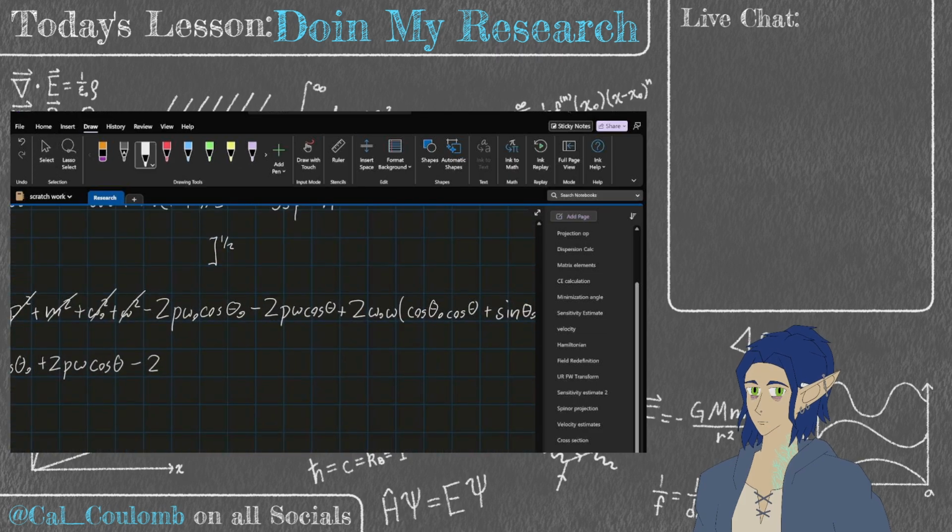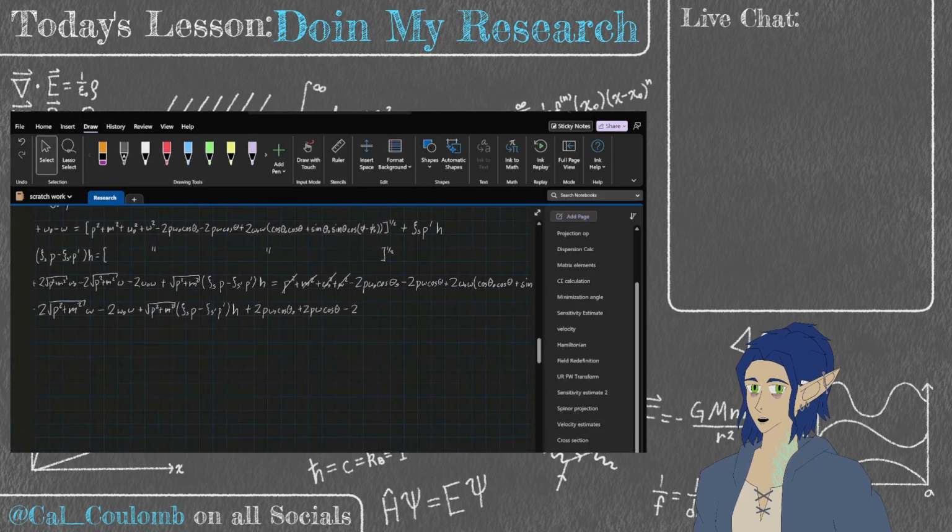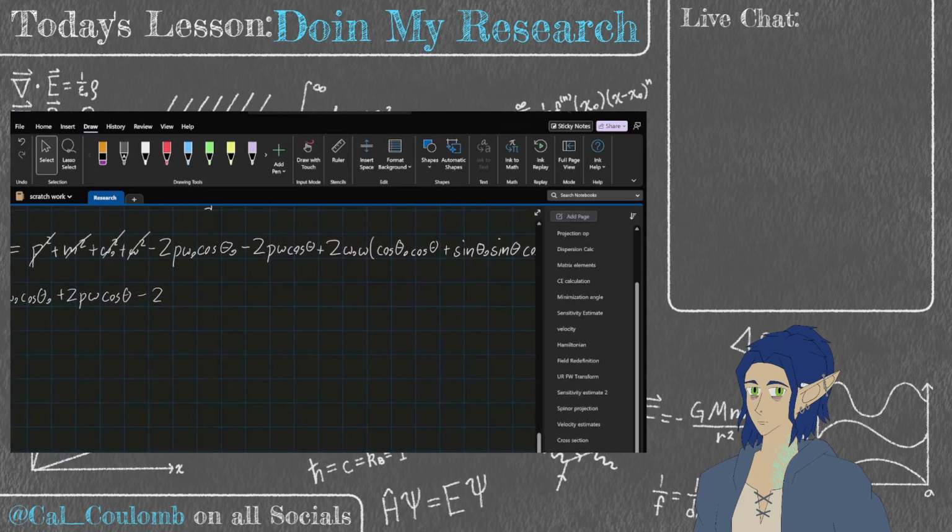Yeah, that should be plus. So minus 2 omega naught omega cosine theta naught cosine theta plus sine theta naught sine theta cosine phi minus phi naught.